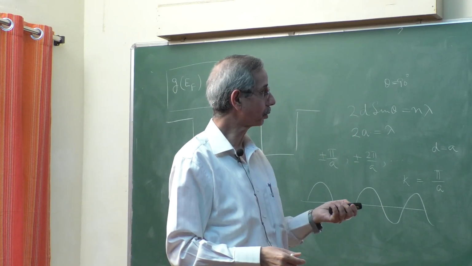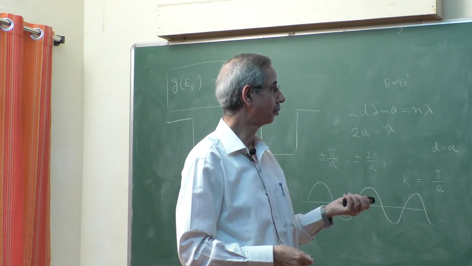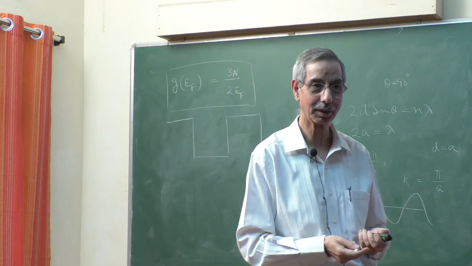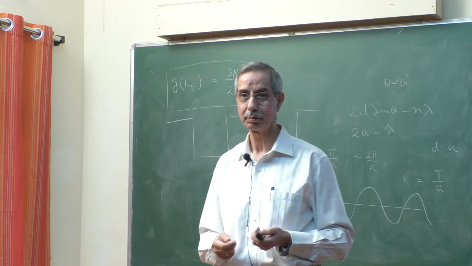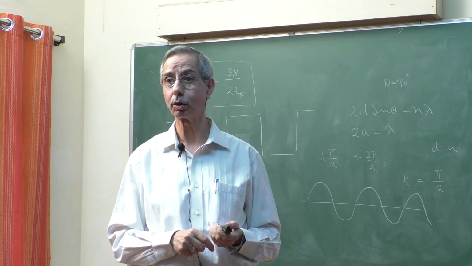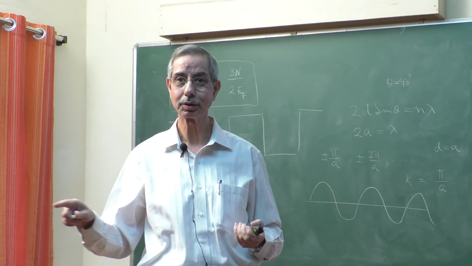Now, an interesting aspect of this was there for a long time, but if you remember, there is something called the quantum Hall effect. This was observed in a two-dimensional electron gas, in the case of semiconductors.